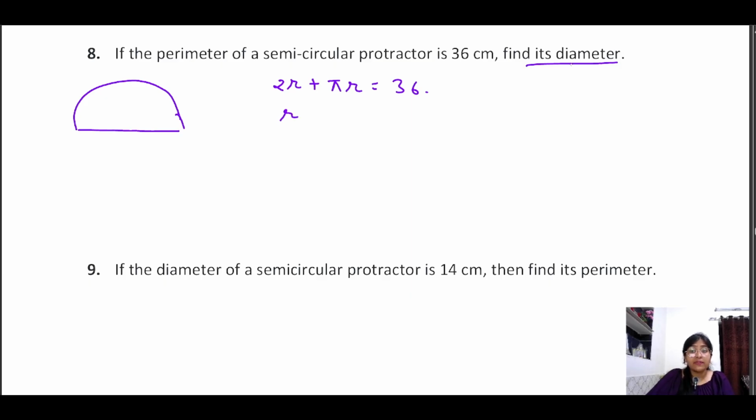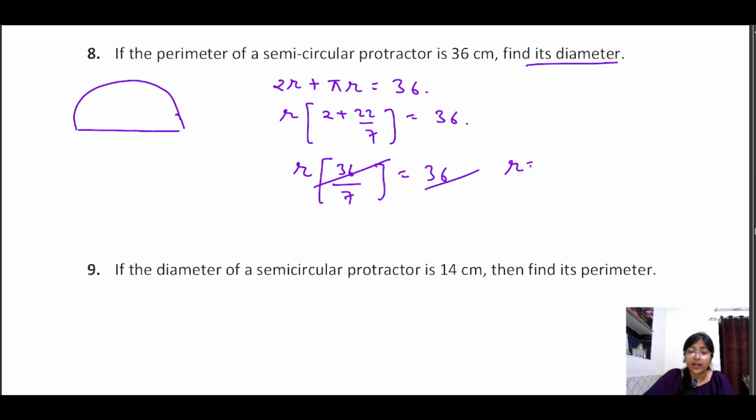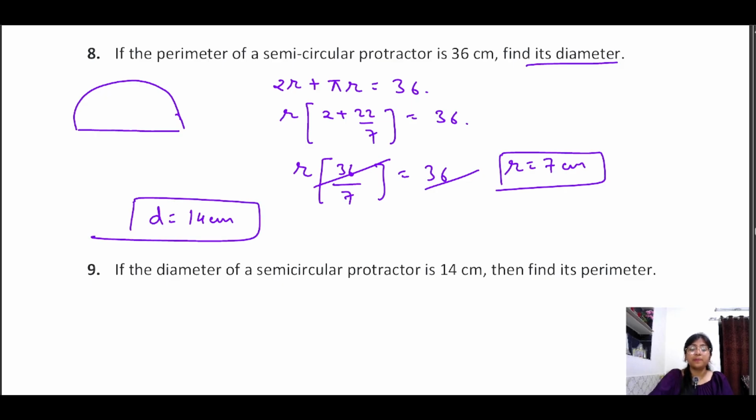For finding the d value, first we need to find r. So we take r common. You will have 2 plus 22 over 7 is equal to 36. Take the LCM. So r into 36 over 7 is equal to 36. 36 is cancelled by 36. The value of r is 7 centimeter. Yes or no? Yes. If the value of r is 7 centimeter, then the diameter will be 14 centimeter.